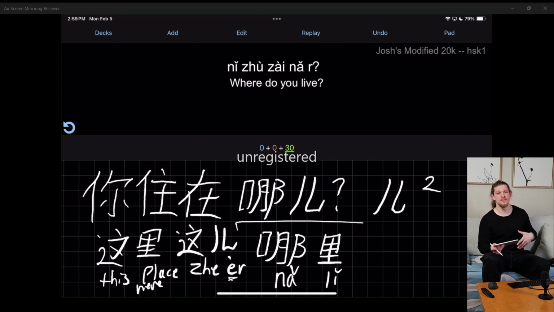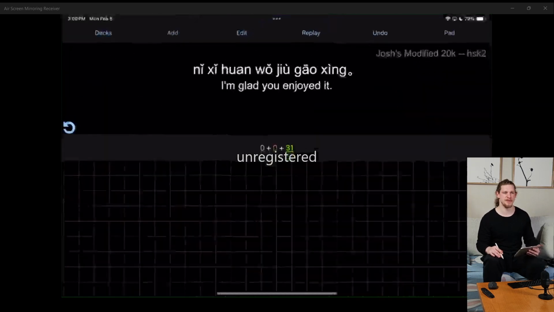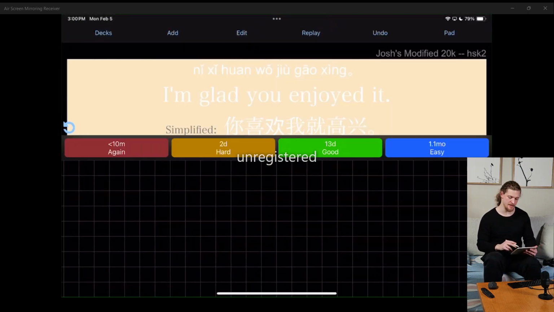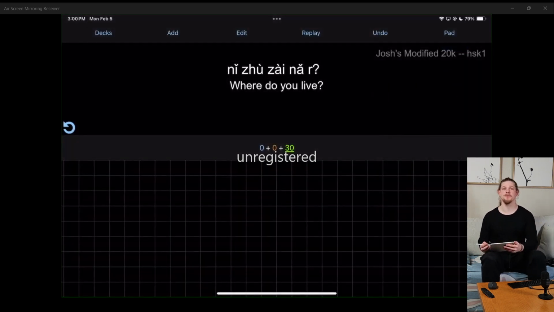Or I can also say 我住在这儿. Or I say 你住在哪里? 你住在哪儿? Is also appropriate. So you have kind of those two options. They're pretty much interchangeable. Most people are going to understand either one. So it's not going to be a make or break for understanding people or people understanding you. If you pronounce it with a Beijing accent, most people are still going to understand what you've said.